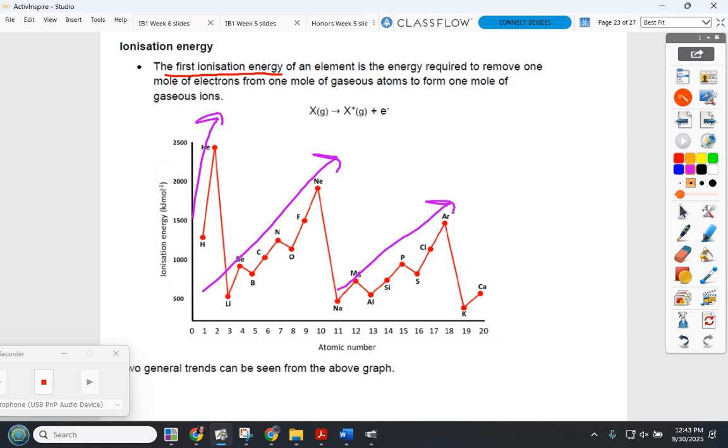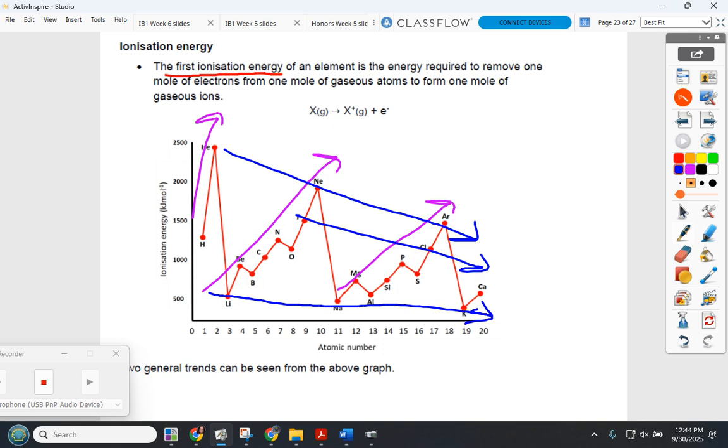And then the other trend is that as we go down a group, we're decreasing, right? And we can see that happening with each group. It's a little bit harder to see in group 1, the slope isn't quite as big, but at least in this graph.